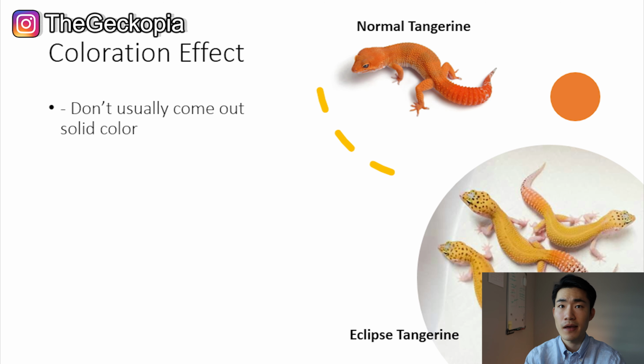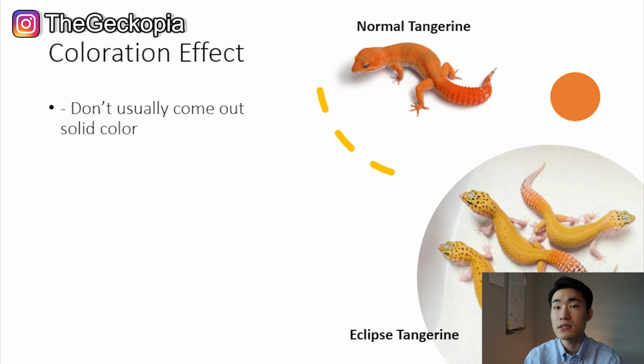Maybe there's something that is super orange, but I haven't found a good example yet. So I think Eclipse genetics tends to make the color a little bit less solid. Those are the two examples that I think are a good fit for the genetics. The top one doesn't have the Eclipse, and the bottom one has Eclipse.